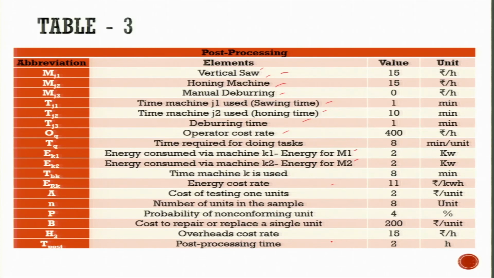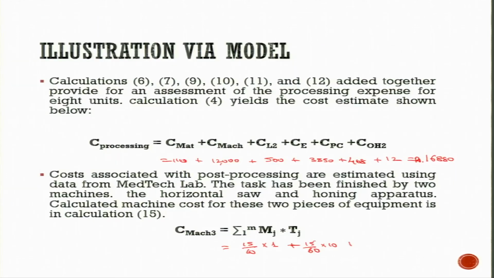This is the times taken from here, 1, 10, 15 is the value rupees per hour, 15 is for vertical, and 15 is the value rupees per hour for honing, right, plus 0 per hour for the manual, plus 0 by 60 into 1. This gives me rupees 2.75.